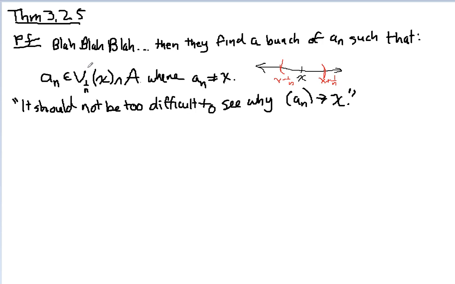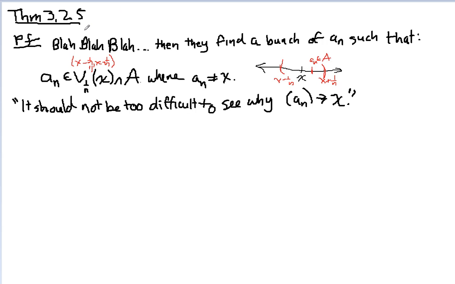So this is just equal to the open interval x minus 1 over n, x plus 1 over n. Other people commented that the notation is difficult. I agree, but this is how you translate it. So in other words, a sub n is in this interval and also in A. So a sub n is in here because it has to be within the interval, and also I know that it's in A. Those two facts tell me a lot about a sub n.